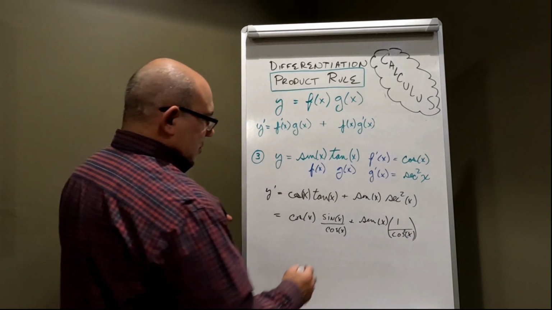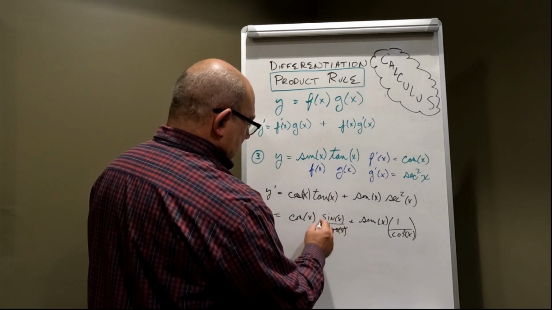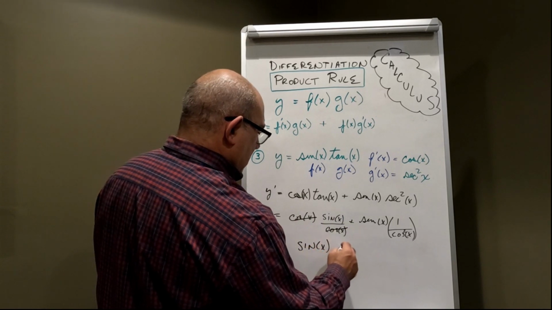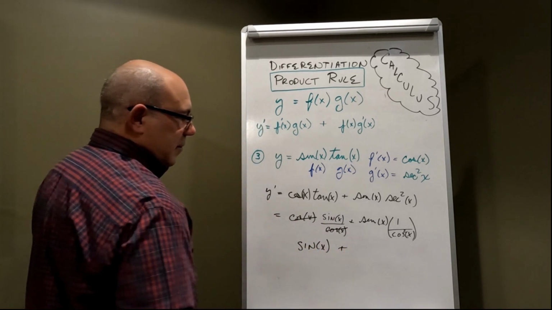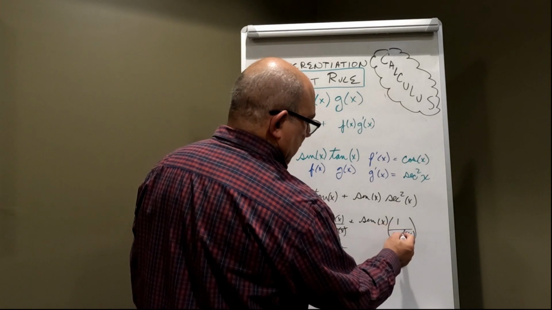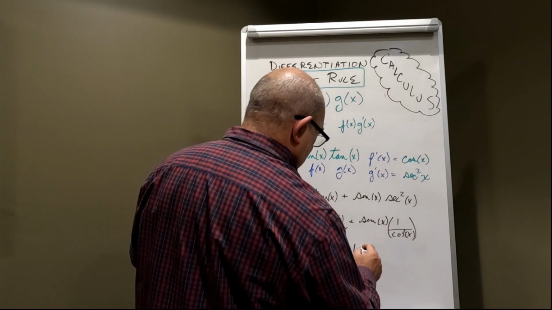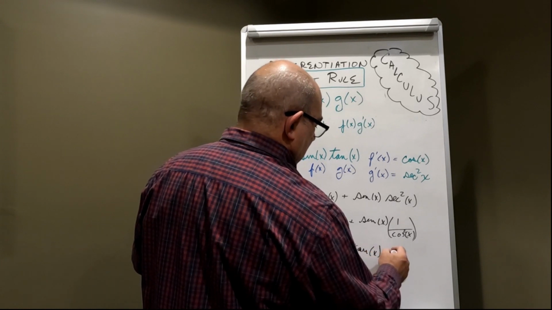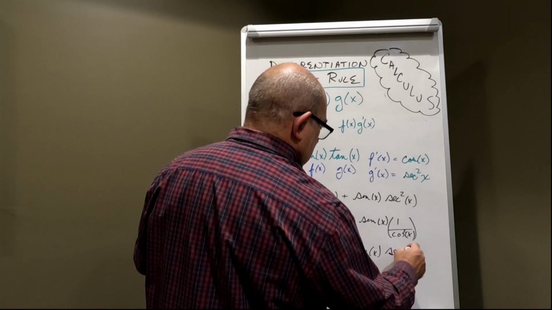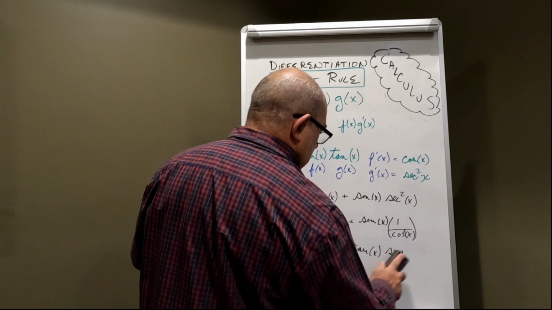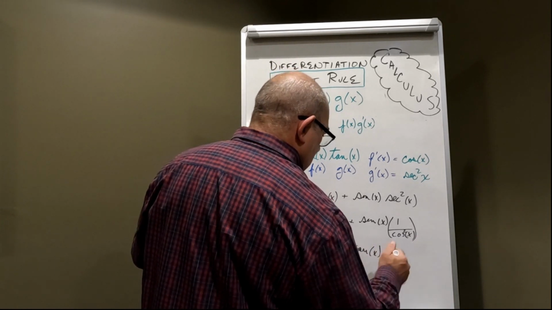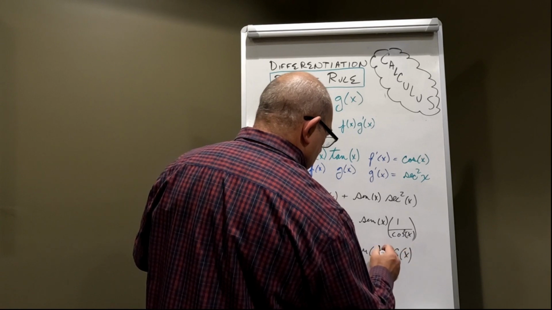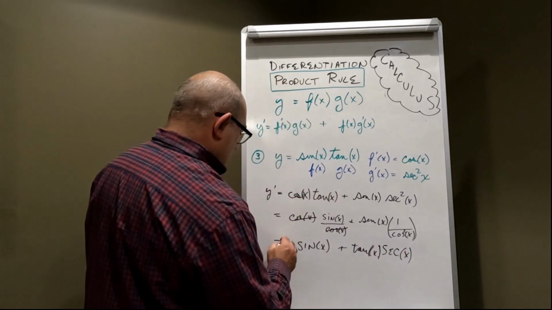Okay, so the cosines cancel, so we have sine x plus, sine over cosine is tangent, so we have tangent x over cosine, which is secant x. And that's our answer.